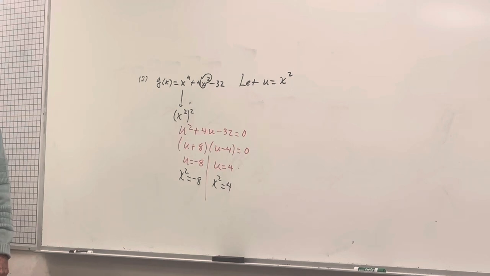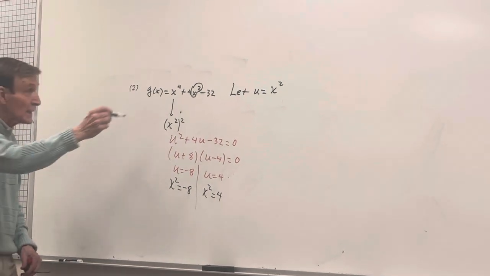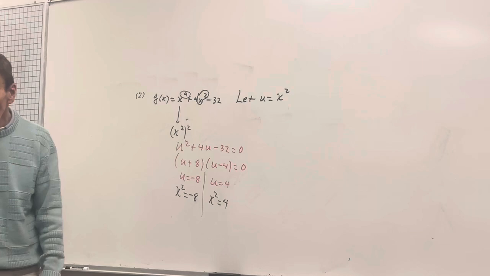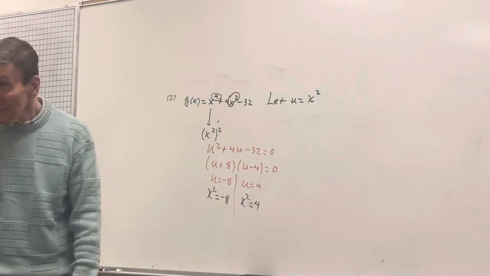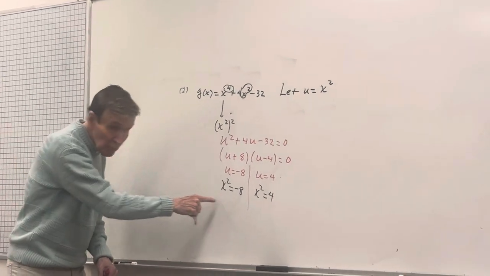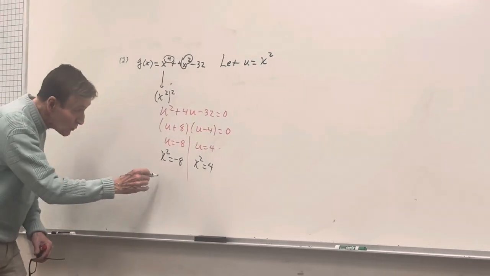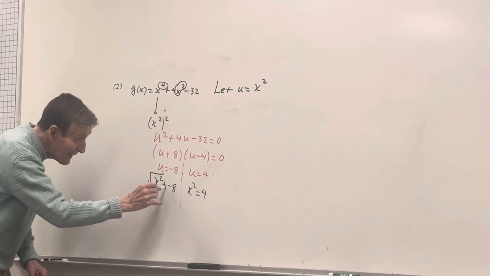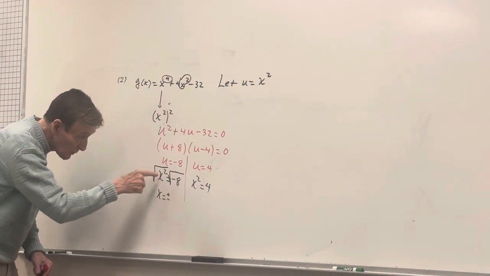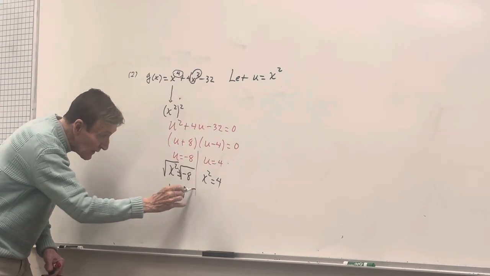Now what would you do in an attempt to get the answers? There should be 4 zeros, 4 answers, since that's the highest exponent. Are there? If I try to solve this one, what would I be attempting to do? Take the square root, and you say plus minus, because it's a quadratic there, square root of negative 8.